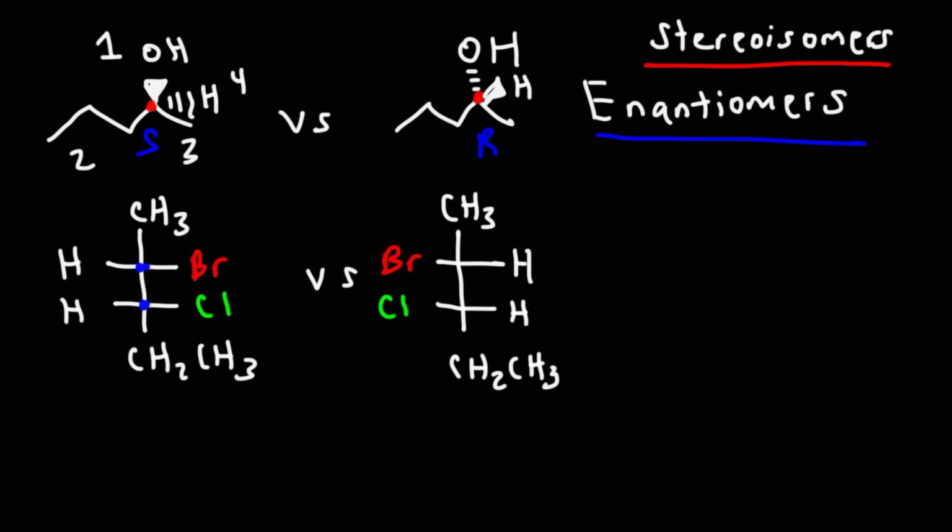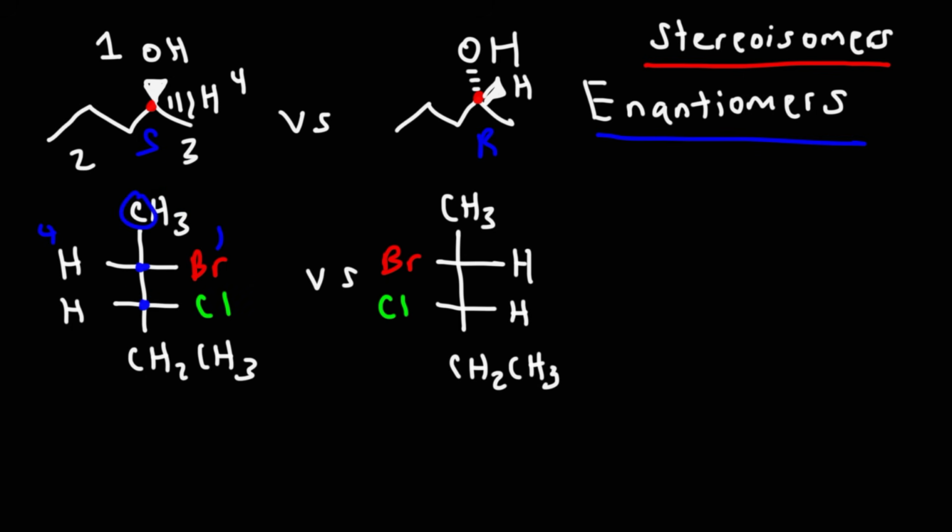But now to determine the configuration at the chiral center for a Fischer projection, whenever you see hydrogen on the left or on the right, treat it as if it's in the front. So you're going to reverse it. So focusing on this chiral center, the bromine atom has the highest atomic number. It's going to be number 1. H is going to be number 4. Comparing methyl with this entire group, we have carbon, carbon, hydrogen, chlorine.